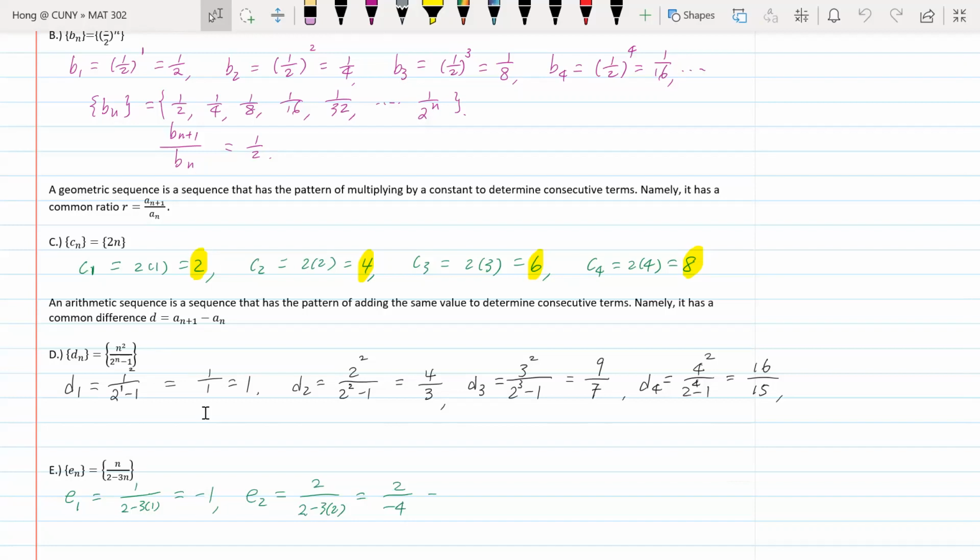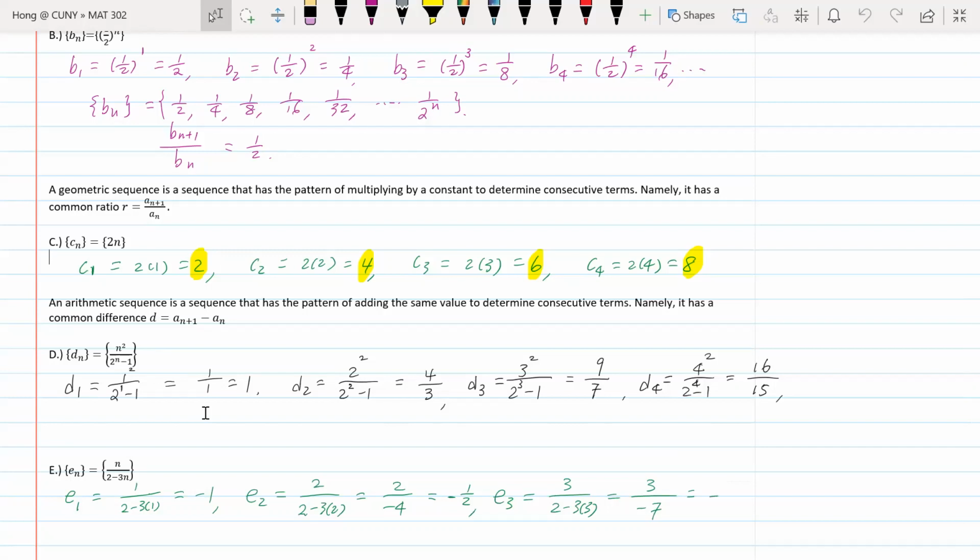So it's negative 1/2. E sub 3 equals 3 over 2 minus 3 times 3, 2 minus 9 is negative 7. So it's negative 3 over 7.